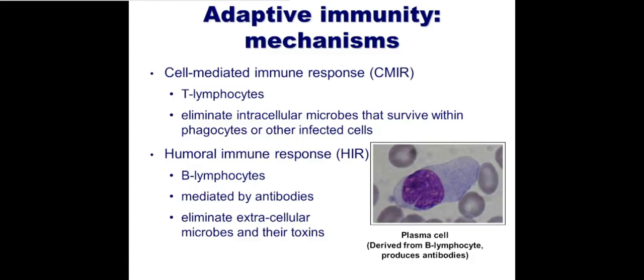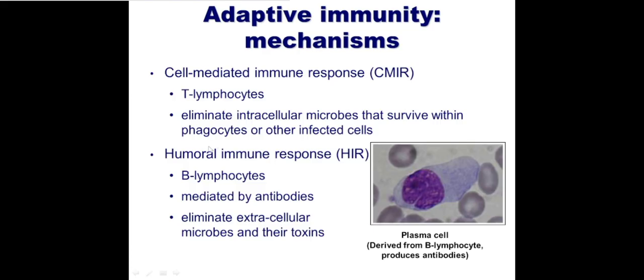See here, this is a plasma cell, and these plasma cells produce antibody. Clear? This humoral immune response is of two types.